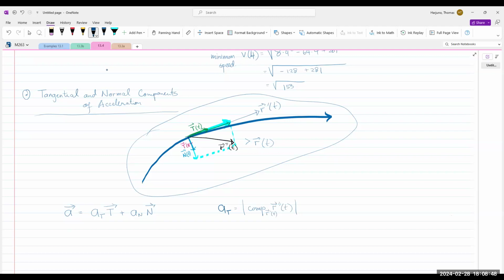Is it right? Which, according to what we learned in the past, the component of r double prime t onto r prime t is the dot product of those two vectors, r prime t and r double prime t, divided by the magnitude of r prime t. Okay.